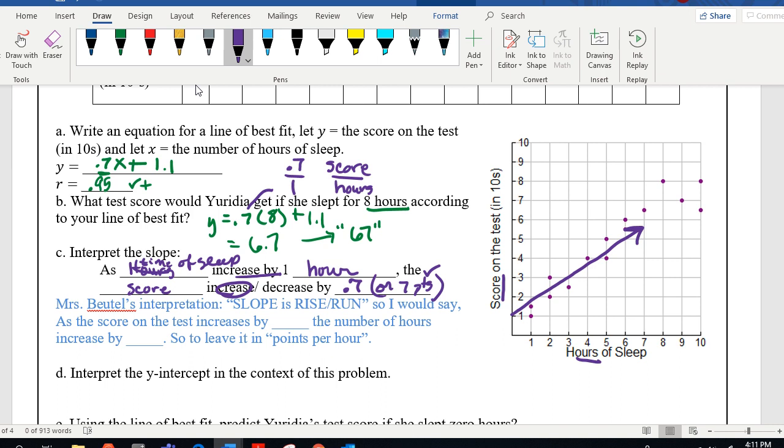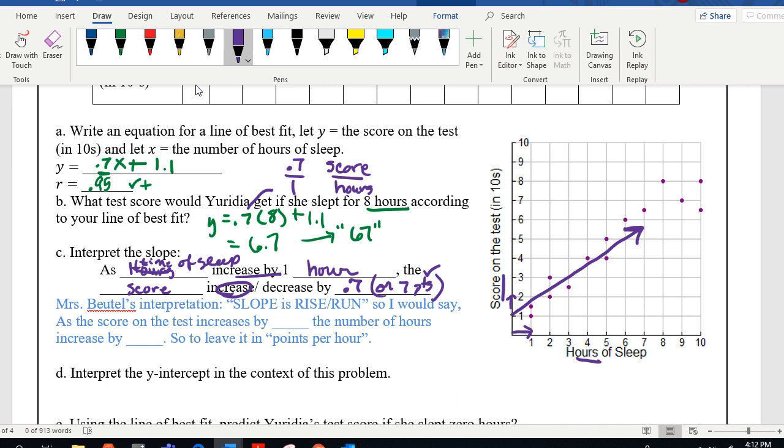All right, Miss Butel's interpretation. I like to think a slope is rise over run. So instead of saying as the hours increase by 1, what is this piece doing? I like to say it just like I would miles per hour. If we have hours on the bottom here and this is miles that we've gone, I talk about miles per hour, not hours per mile.